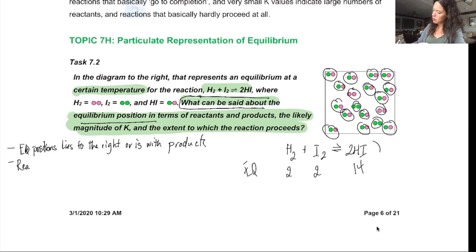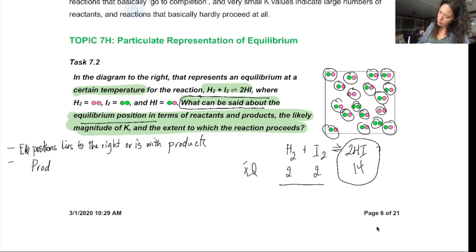Because we got lots of products and a little bit of reactants. We could say this is product favored, right? Those are some words. The equilibrium position lies to the right. That's just kind of how that goes, in terms of reactants or products.